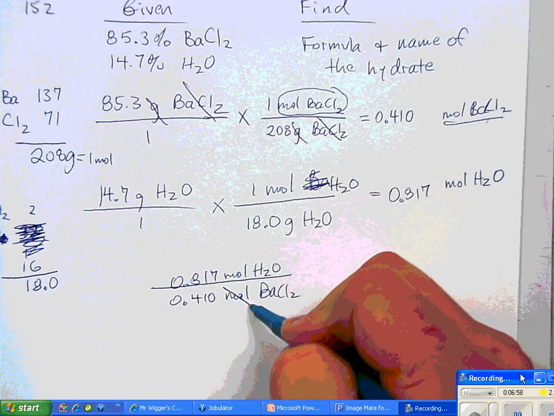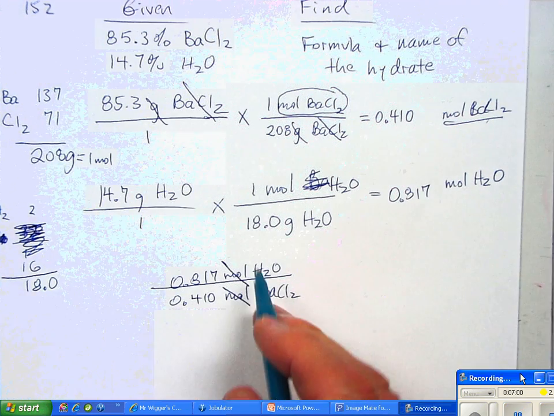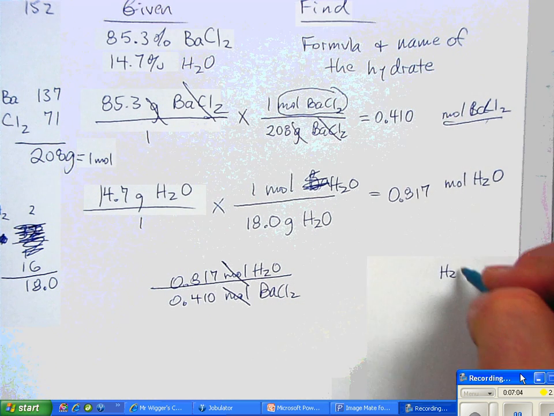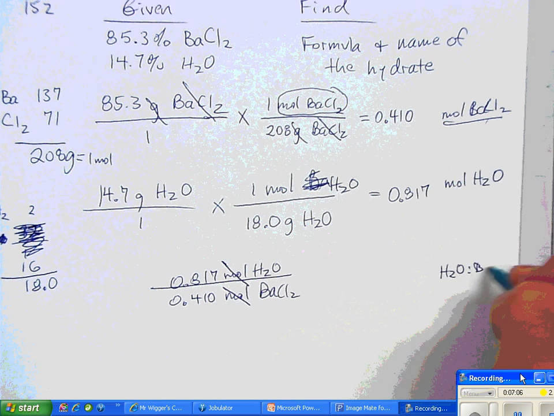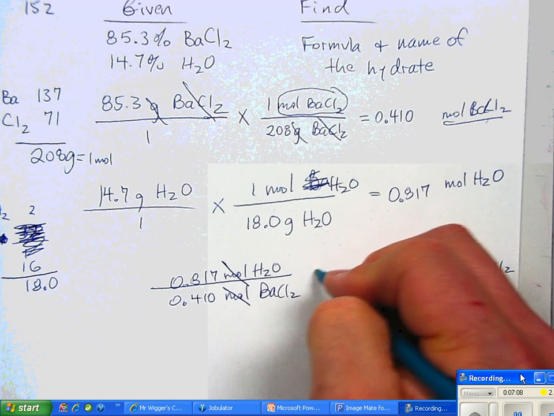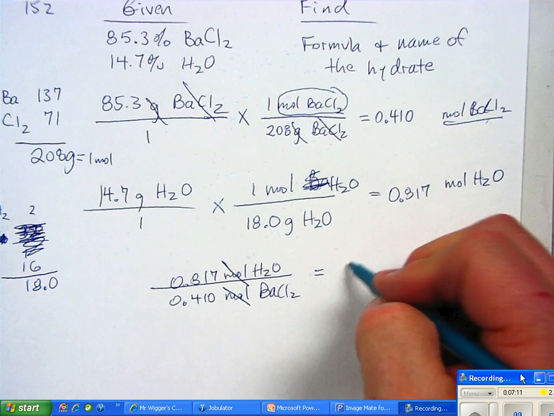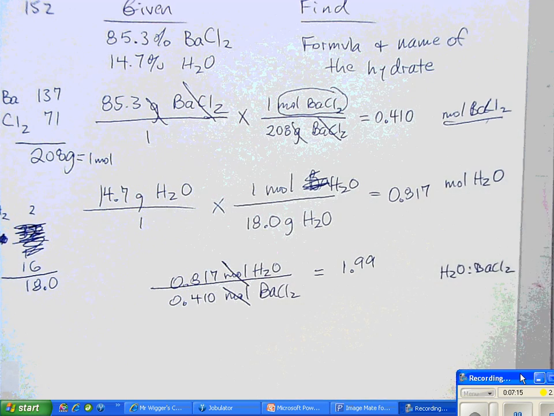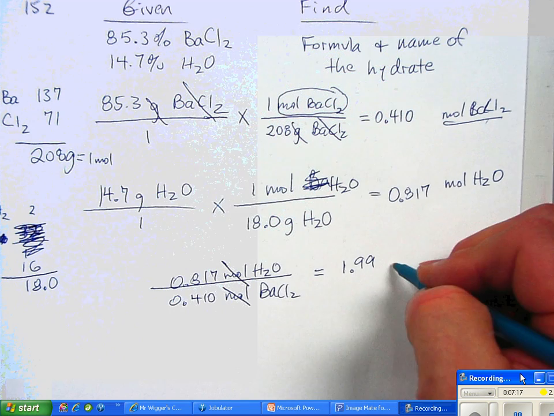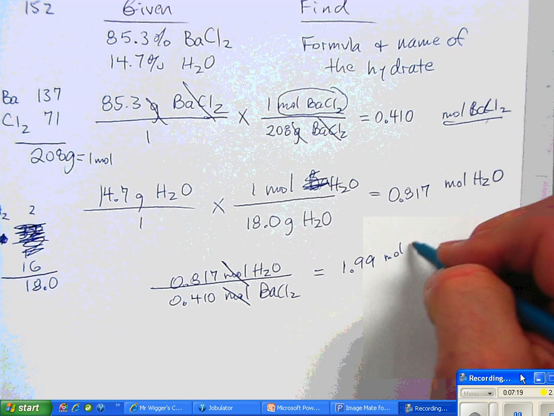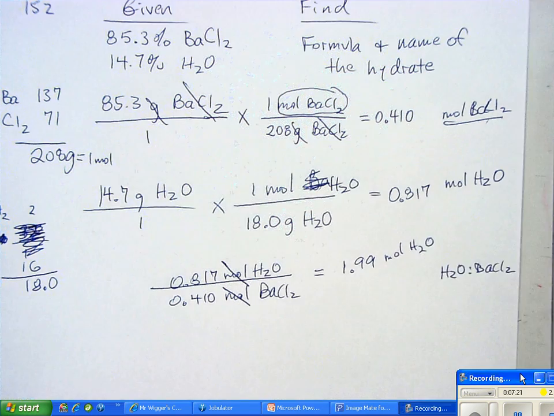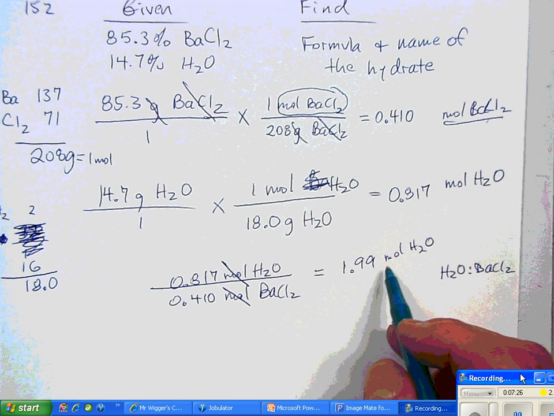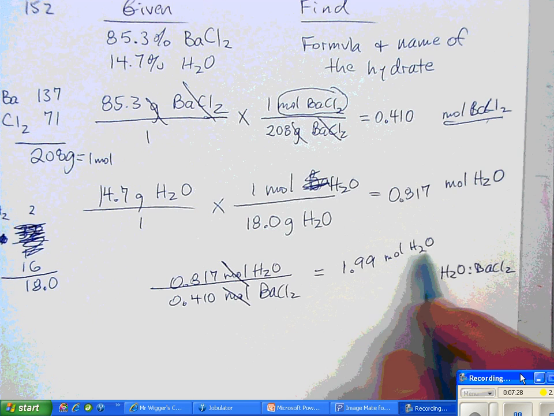The moles cancel, and we're going to have our ratio of water to barium chloride. That's what the ratio is going to be. When you run the numbers on your calculator, it comes out to 1.99. At least it should. And this is our moles of water.